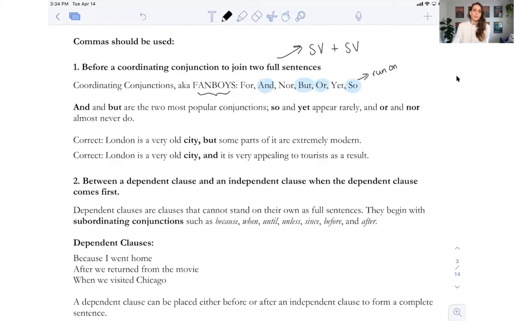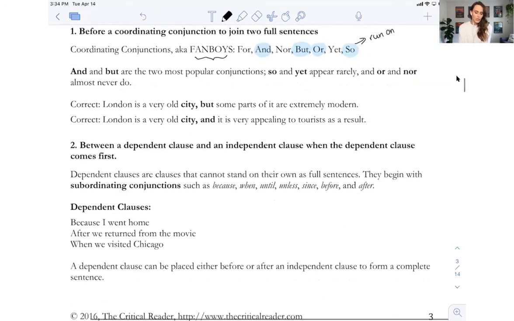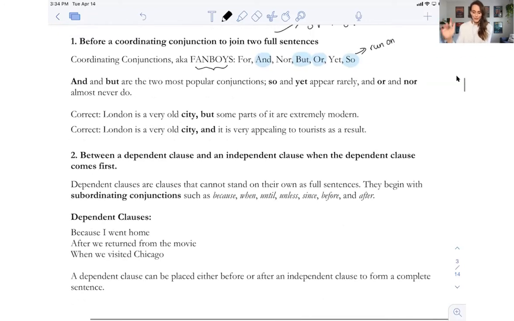So if you were also subjected to that rule by an English teacher somewhere along your academic career that you shouldn't pick so, just put that to the back of your mind on the SAT, because they do like the comma so. It does occur every now and then. So, there you go.